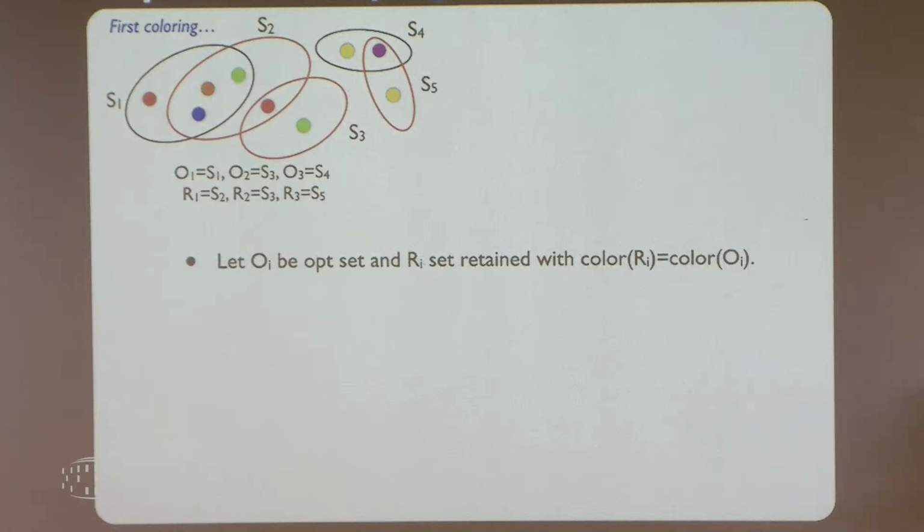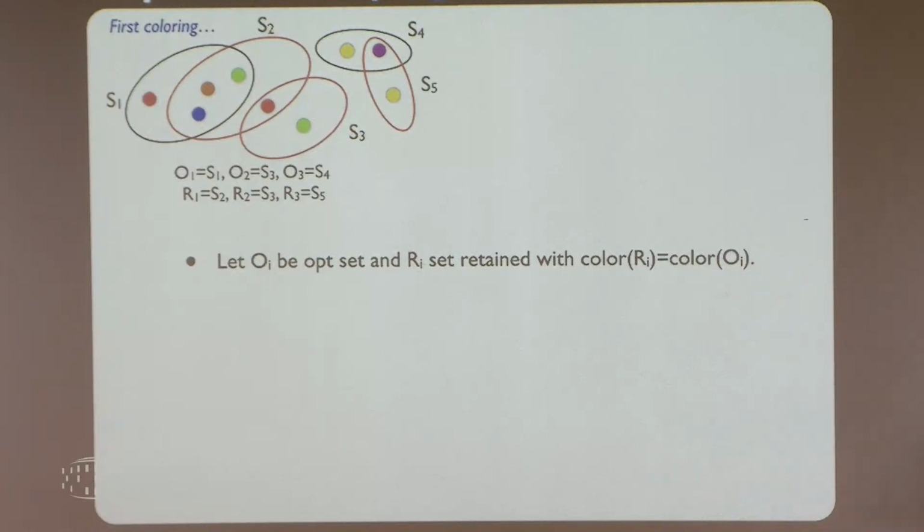So if this is our first coloring, let's say O_i is the ith set in the optimal solution again, and R_i is the set retained with the same coloring as O_i. There are actually multiple optimal solutions, but maybe one optimal solution is S1, S3, and S4.